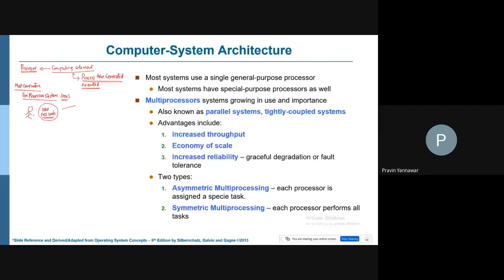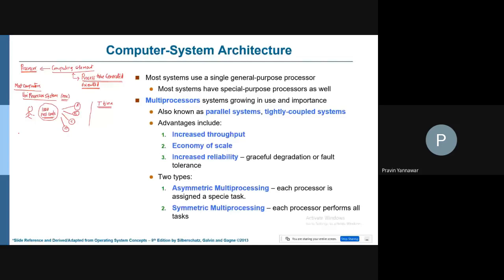So there are four defined classes, and only one processor is working on this. It requires T seconds of time for one system.